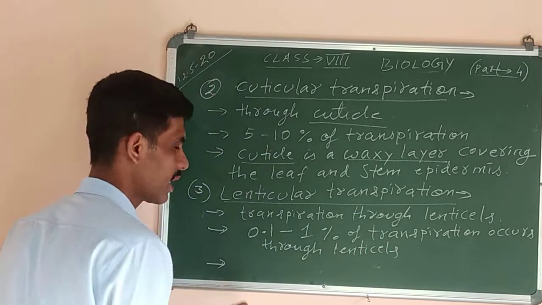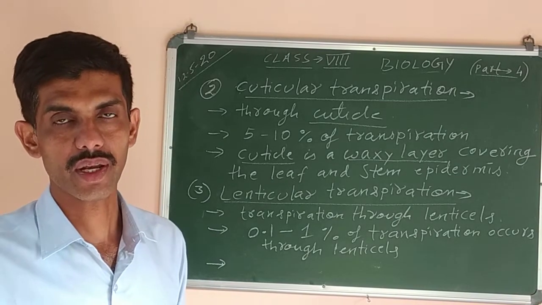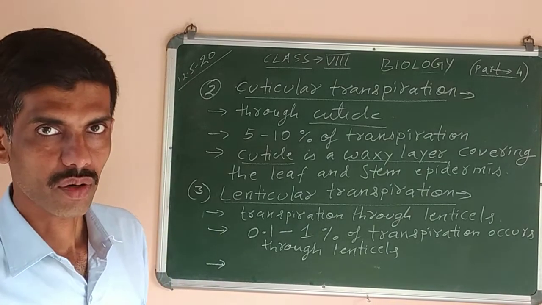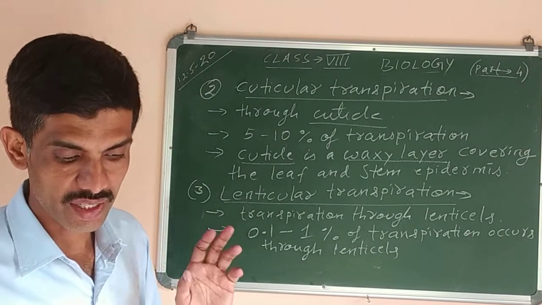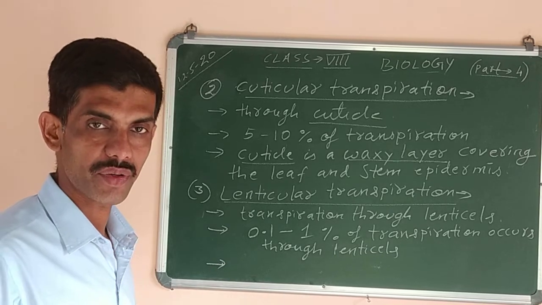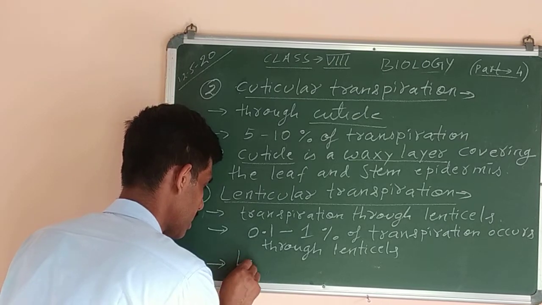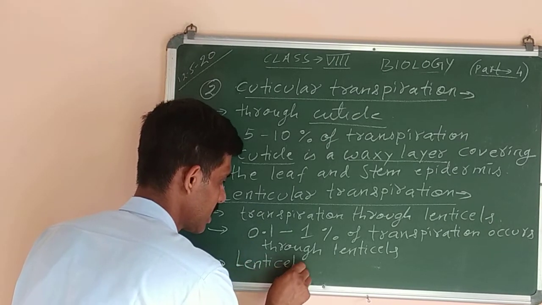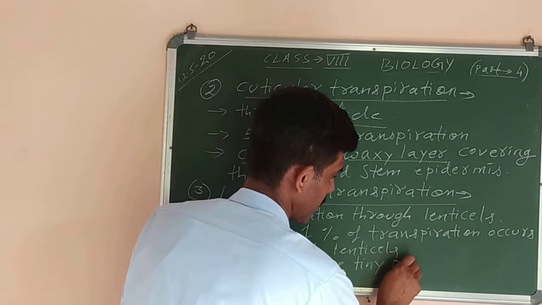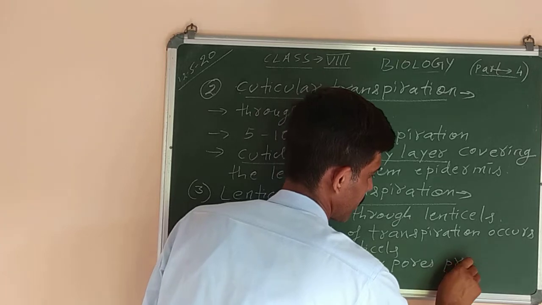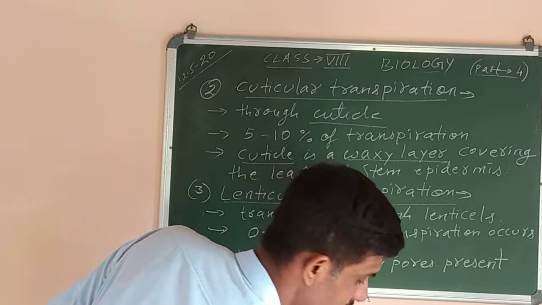This much very less transpiration occurs through lenticels. Now the last one, what is the definition of lenticels? Lenticels are the tiny pores which are present on the surface of stems and old barks of the trees. So lenticels are the tiny pores present on the bark of the trees in older stems.